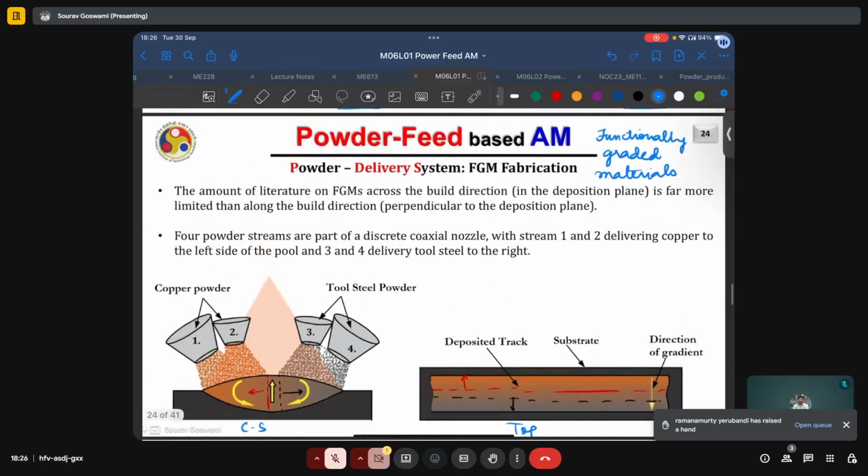The amount of literature on FGMs across the build direction, that is when we are trying to deposit a part, and it will have multiple layers, is large.